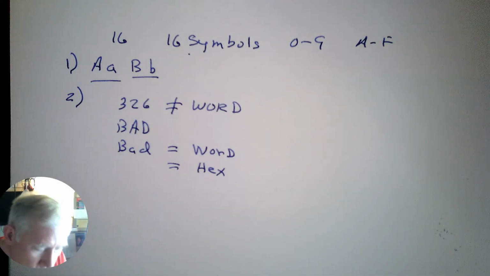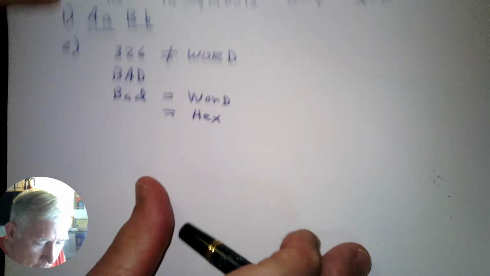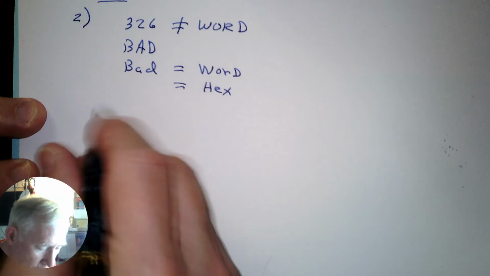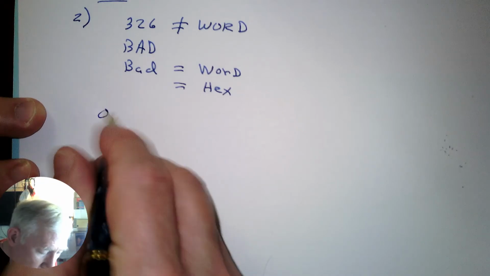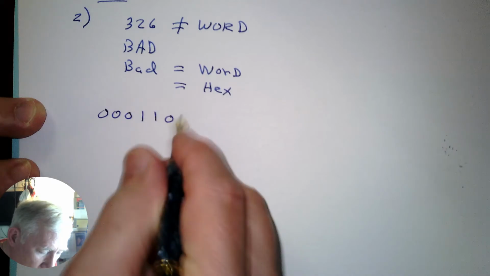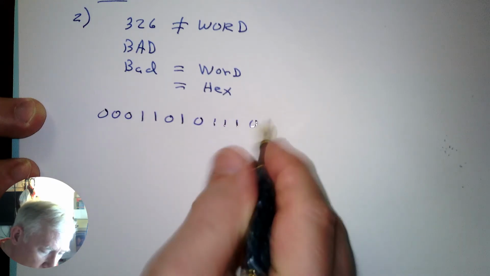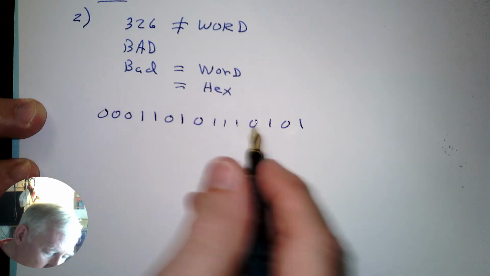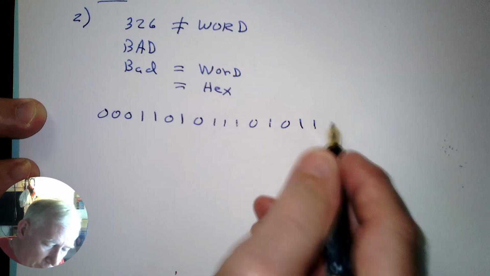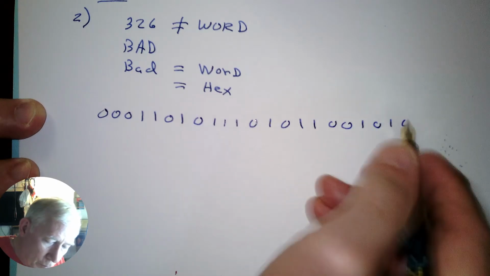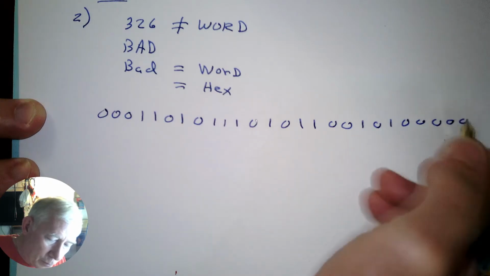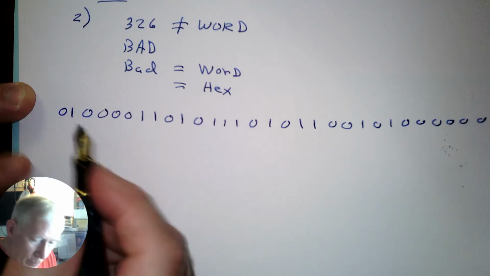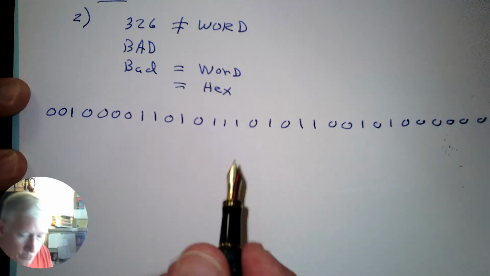Let's say we have a big binary value, a 32-bit binary value: 0001 1011 0111 0101 and so on, 32 bits in all.